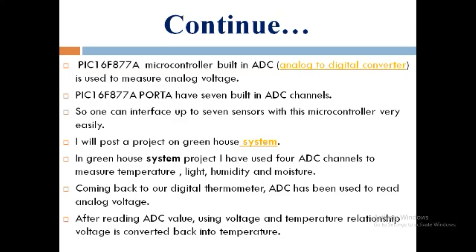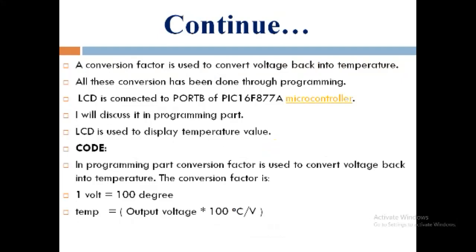After reading the ADC value, using the voltage and temperature relationship, the voltage is converted back into temperature, that is the temperature value of its equivalent voltage. A conversion factor is used to convert voltage back into temperature. All this conversion has been done through programming.